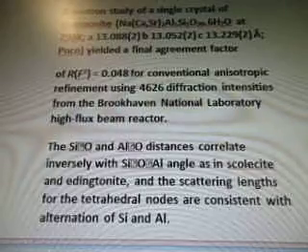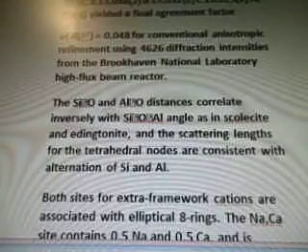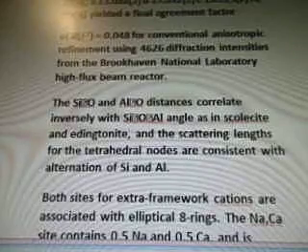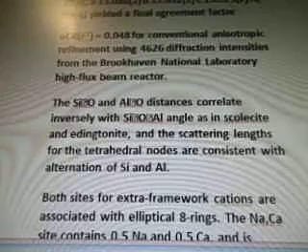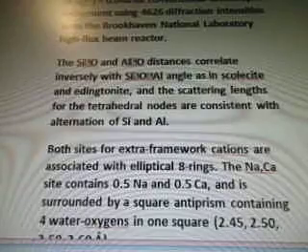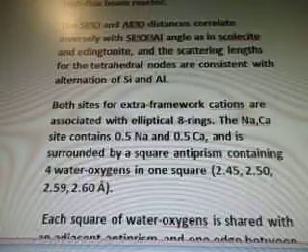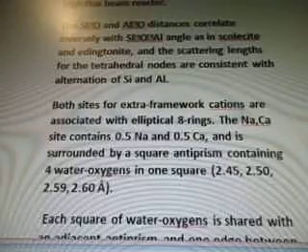The Si-O and the Al-O distances correlate inversely with the same angle as in zeolite and Eddingtonite, and scattering lengths for the tetrahedral nodes are consistent with alternations of Si and Al. Both sites for extra framework cations are associated with the elliptical 8 rings.